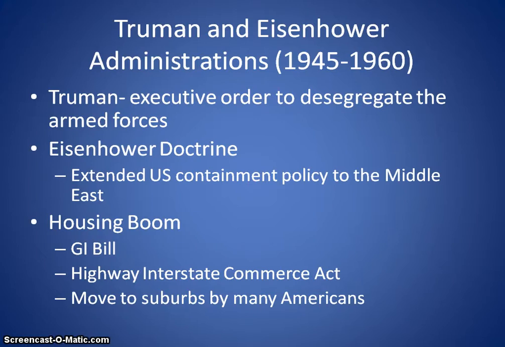Because now you have highways, you're able to move from the city out into the suburbs. So people start to live in these suburbs now. Again, many Americans moved to suburbs. In the 1950s is when you have your drive-in movies, your drive-throughs, and more use of vehicles. So you have an economic boom after World War II.